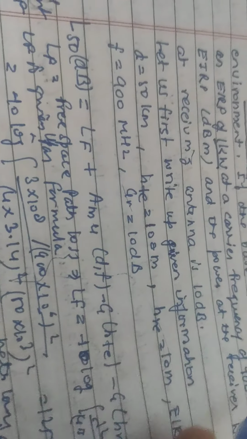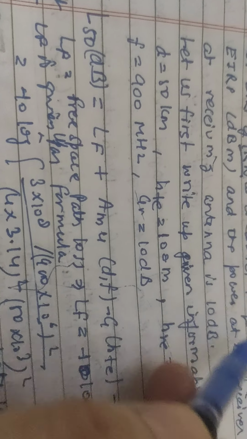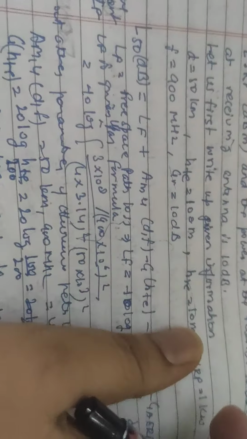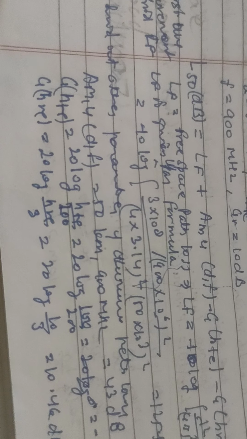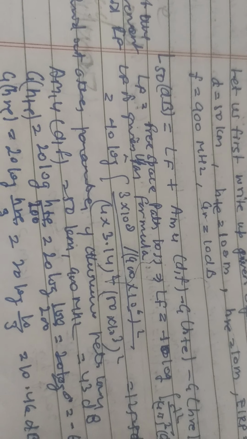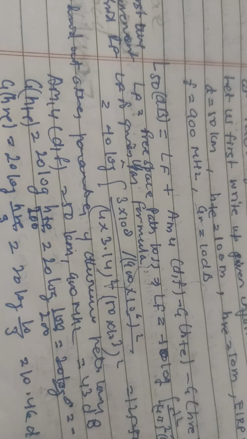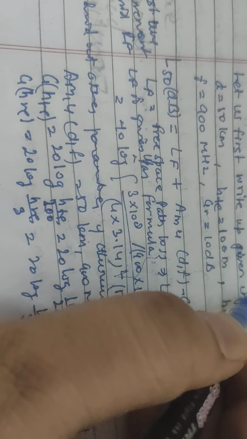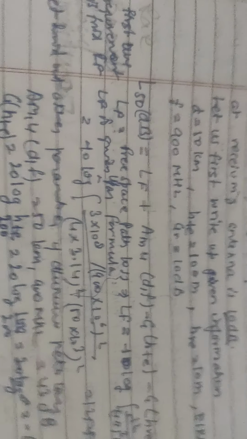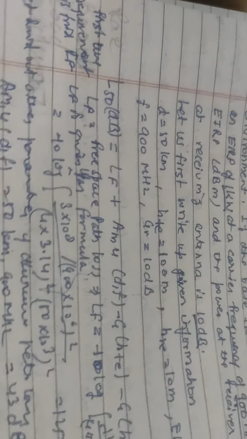One more thing is given, EIRP of 1 kilowatt, and the carrier frequency f is 900 megahertz. So find the receiving power when the receiving antenna gain is 10 dB. So let us move on.